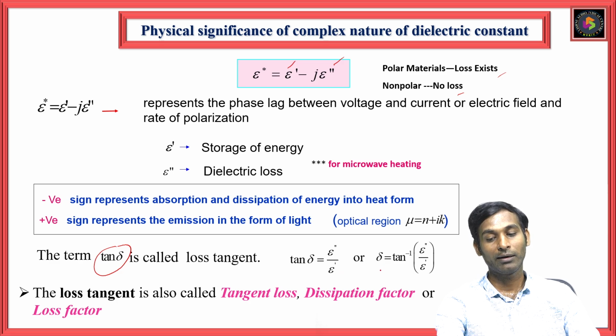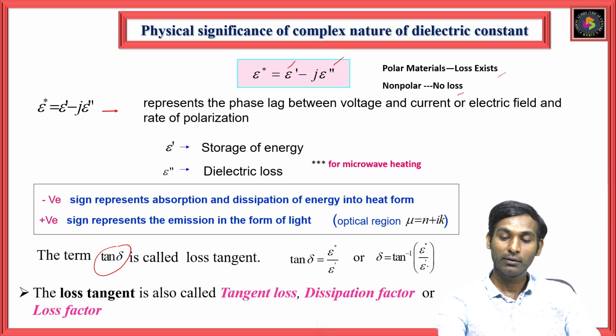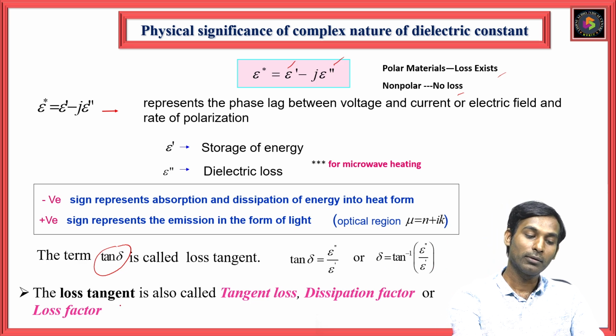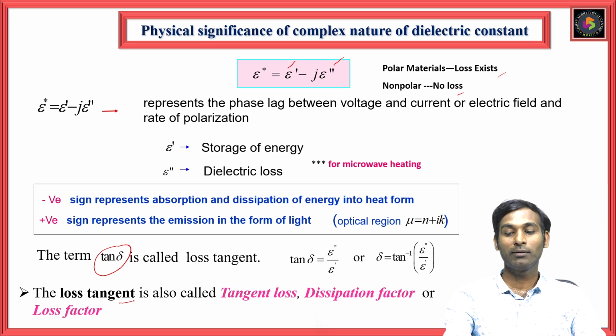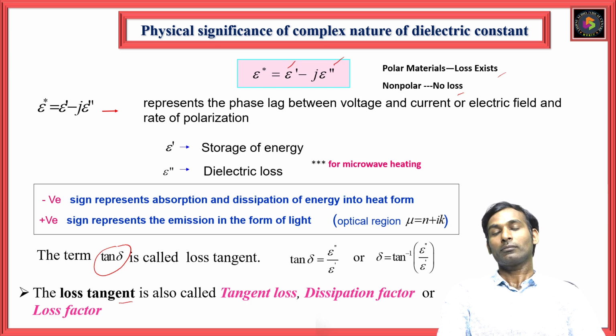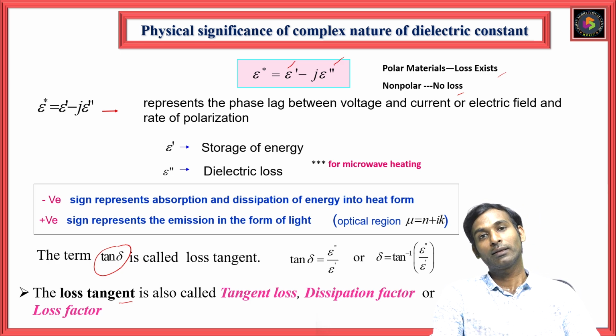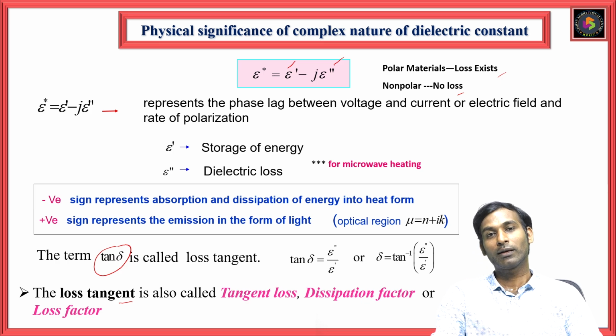We can write delta is equal to tan inverse of the dielectric loss divided by the storage of energy. This tan delta is called the loss tangent factor. You can say it is the dissipation factor and also the loss factor. It is purely related to the complex dielectric permittivity, and mainly depends upon frequency and temperature.